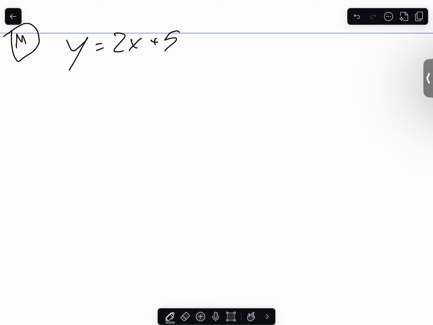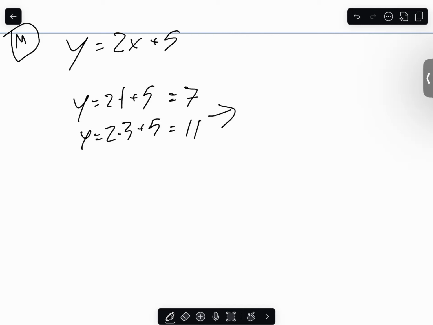Look, when x equals 1, what's 2 times 1 plus 5? When x triples, what do I get? So is the ratio 11 to 7? What is 11 sevenths, by the way? 1.35? Whatever, 1.4, 1.5.